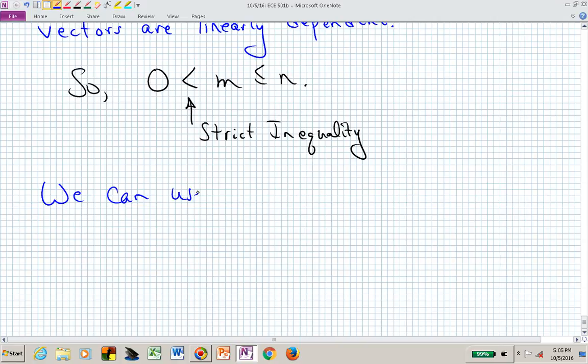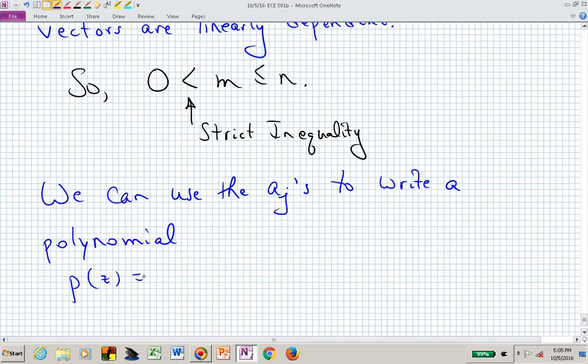We can use the a sub j's to write a polynomial where that polynomial now is, let's say, p of z equals a sub 0 plus a1 z plus a sub 2 z squared plus up to a sub m z to the m.